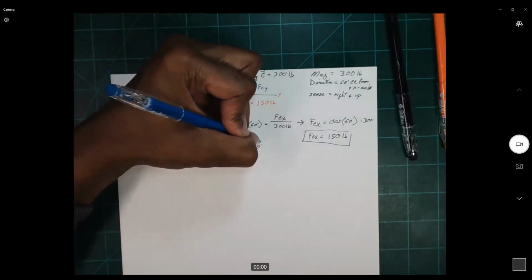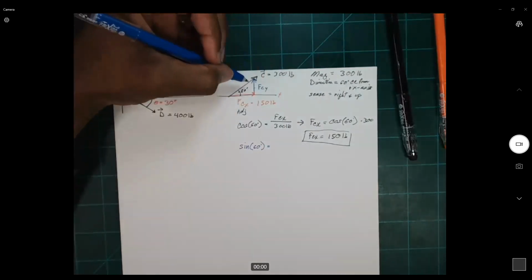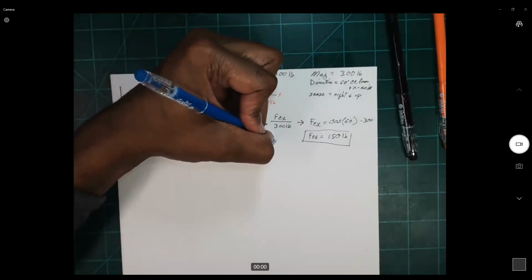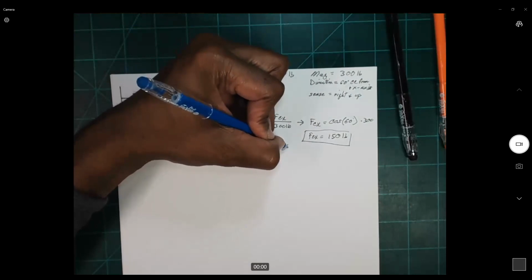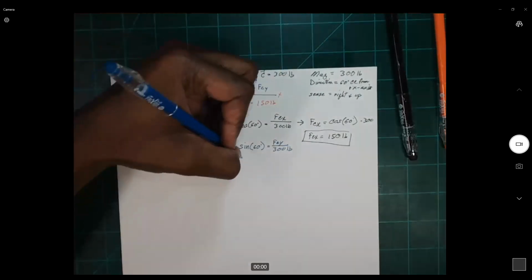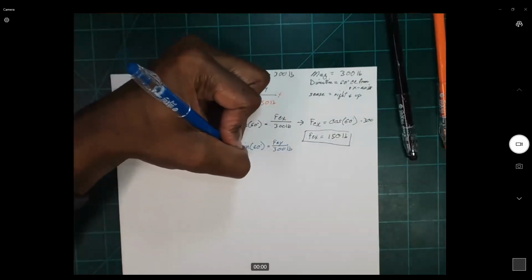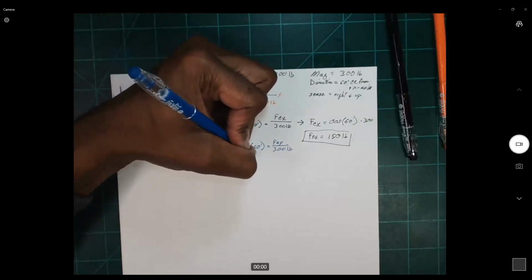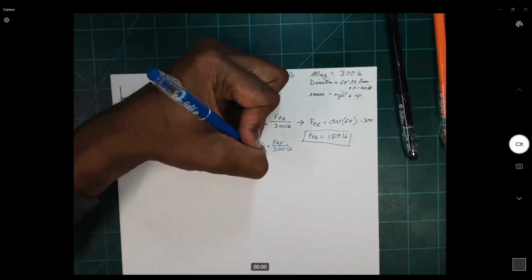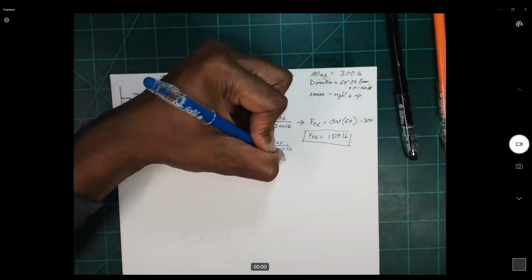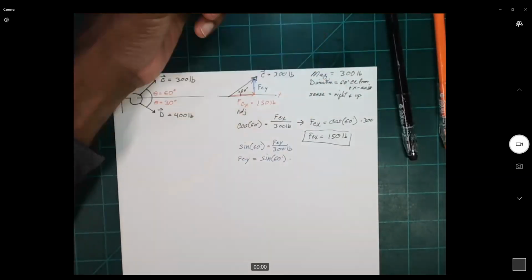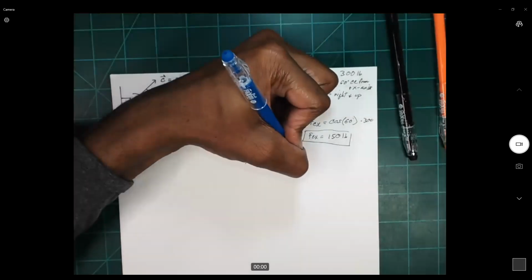Sine 60 degrees equals opposite force CY over 300 pounds. We have force CY equals sine 60 degrees times 300 pounds.